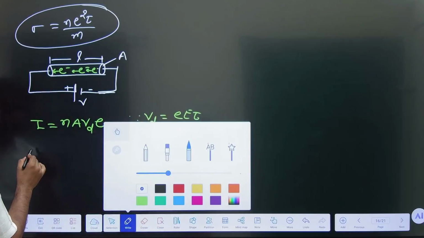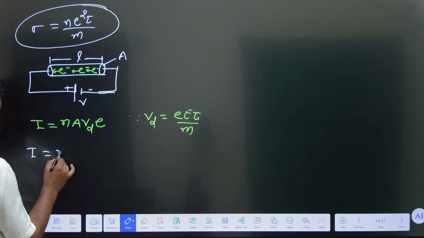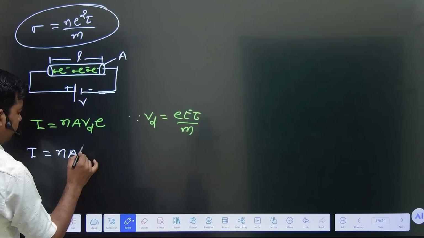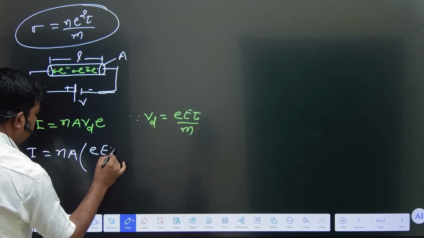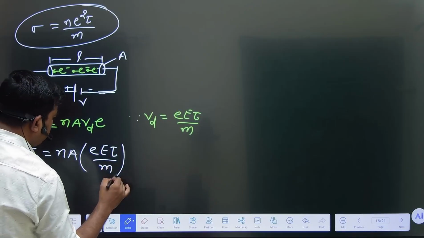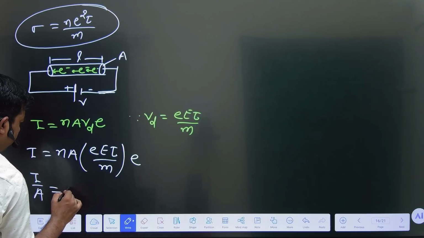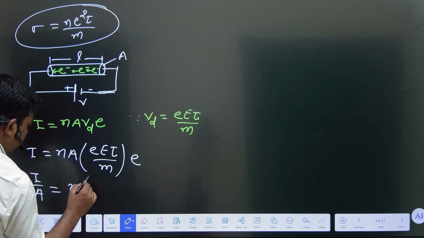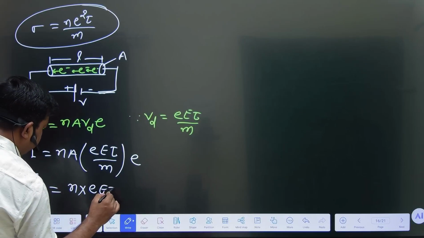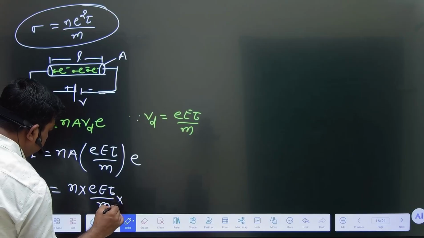We have to put here all the values. So I is equal to n A, and what is Vd? Vd is e tau by m into E. Clear to you? Here we write I upon A equal to n into small e, capital E tau by m, into e.